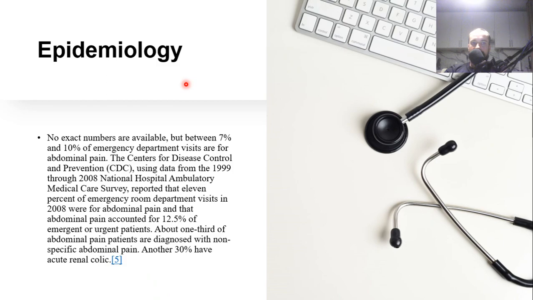Epidemiology. No exact numbers are available, but between 7% and 10% of emergency department visits are for abdominal pain.